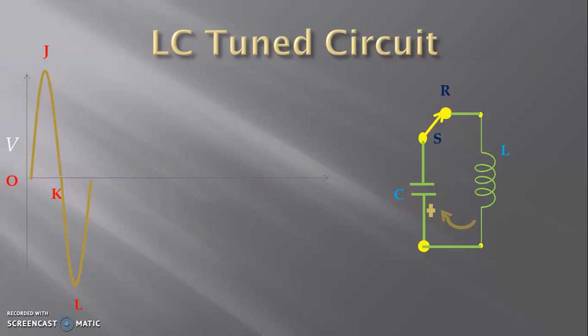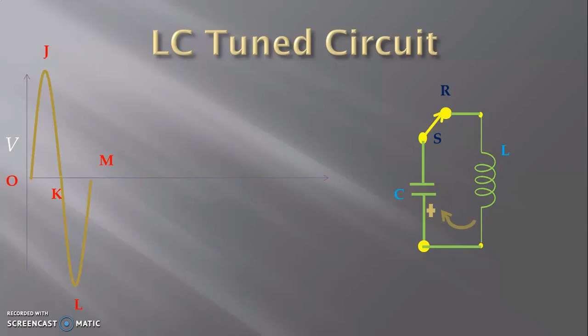Now it will start again from the capacitor to the inductor, and then we have an output voltage waveform from L to M. When the capacitor is again fully discharged, it will come to zero level voltage, that is point M. And the same cycle repeats again and again. So at every half cycle, energy is transferred from the capacitor to the inductor, and in the next half cycle, it is transferred from the inductor to the capacitor.